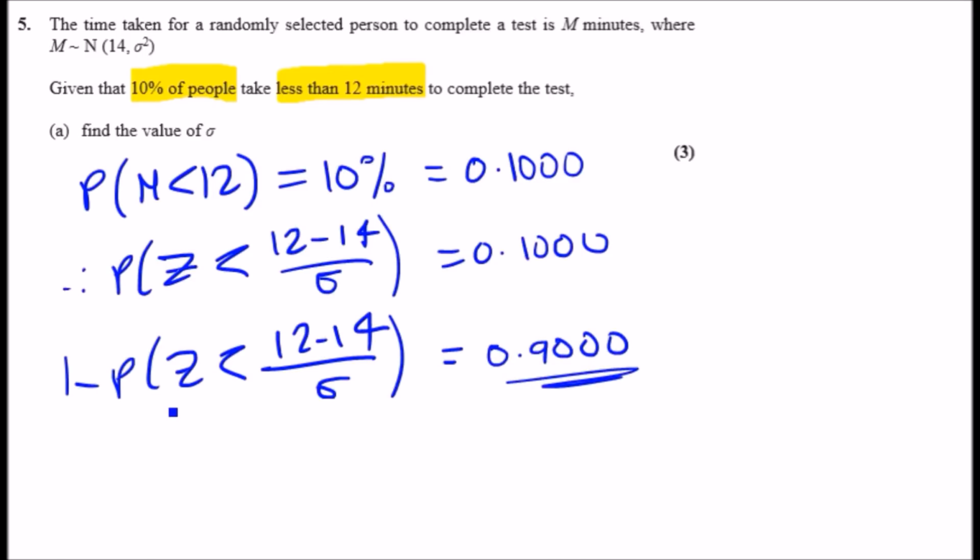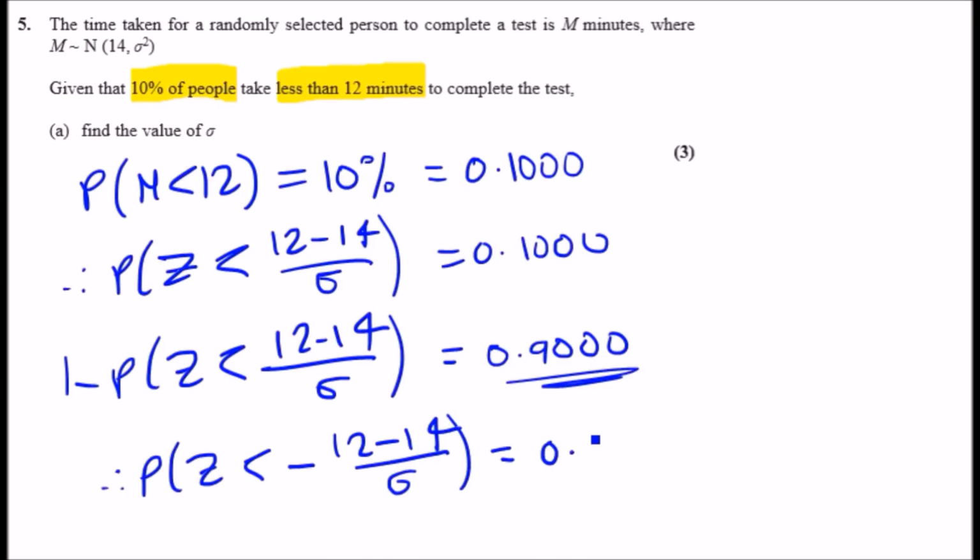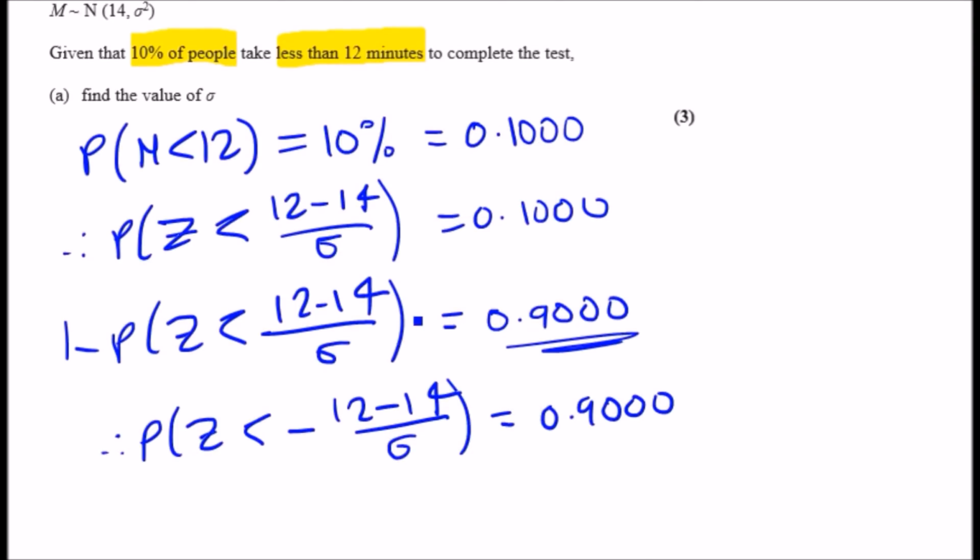The cool property of the normal distribution is that if you have 1 minus the probability, you can cross out the 1 minus and put the term inside as a negative. So this can be written as the probability that z is less than the negative of 12 minus 14 over sigma equals 0.9000. And yes, this actually works. Now we can equate this to the 0.9000 figure.